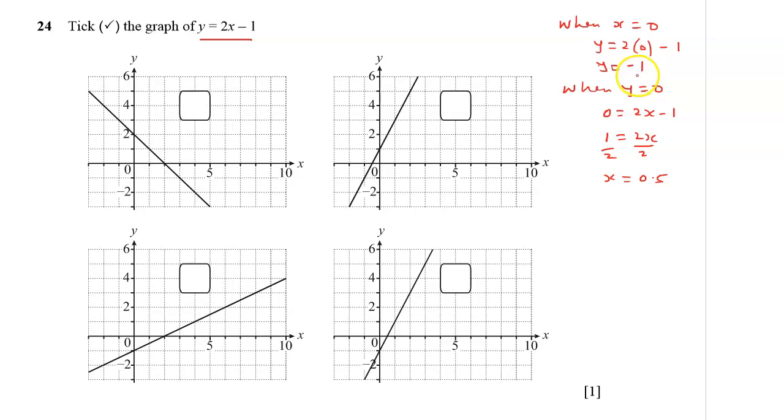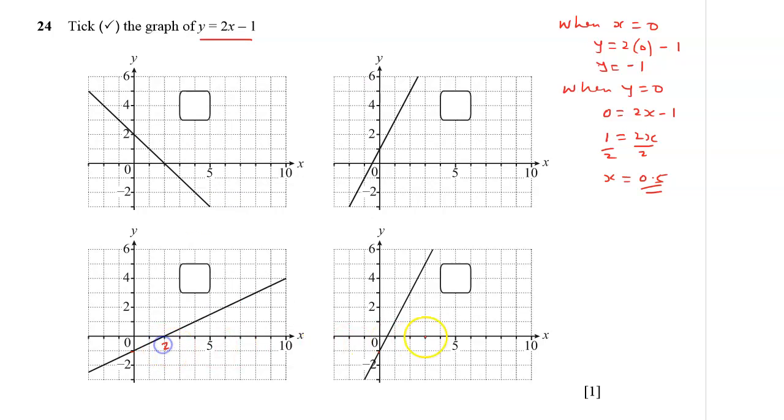So y is minus 1, so this is minus 1, this is minus 1. Of course, this one is 2, this is 1. So this and this are out. We are considering this minus 1 here, and this minus 1. Then the graph should pass at x equals 0.5.